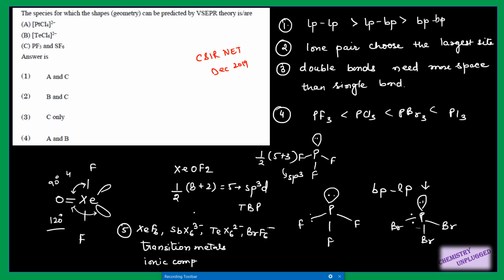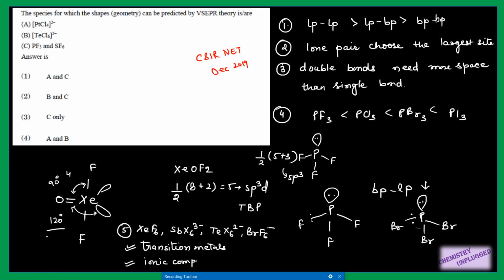So if they ask whether the structure of these compounds can be predicted by VSEPR theory or not, you have to choose the point that VSEPR theory cannot predict their structure. Similarly, the shape of transition metal halides cannot be predicted by this theory, and the shape of ionic compounds is also not predicted by this theory.